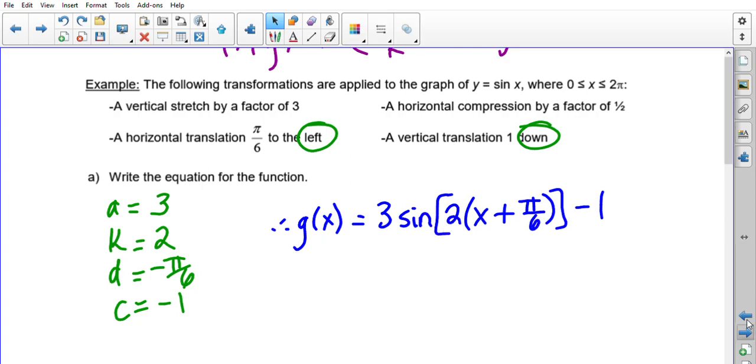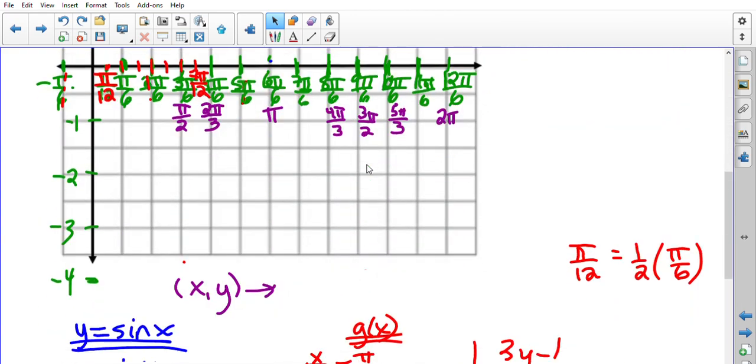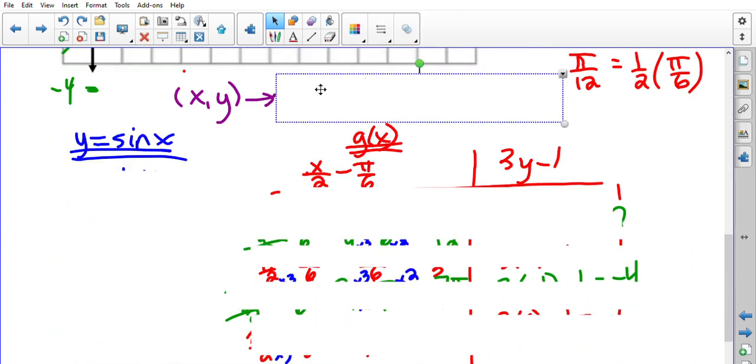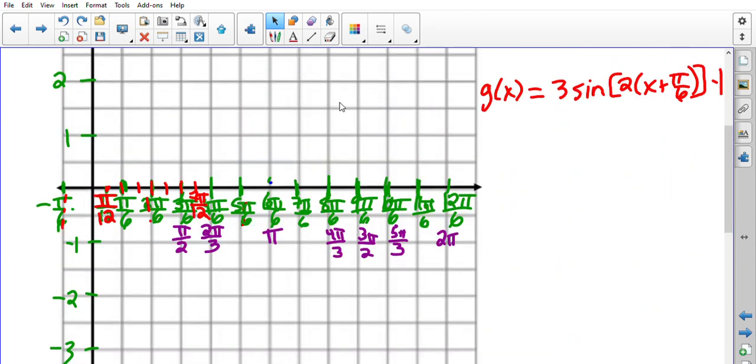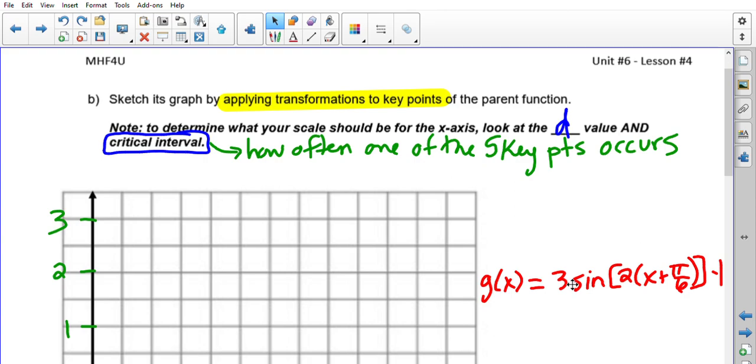Okay, let's turn over. Now we are going to sketch this graph by applying transformations. So again, this is a hint that you have to use your mapping statement. All right, so let's leave the graphing for now. Let's just come up with those tools first. So our mapping statement based on our equation, okay, here it is again at the side. We have a at 3, k at 2, d negative pi over 6, c negative 1.